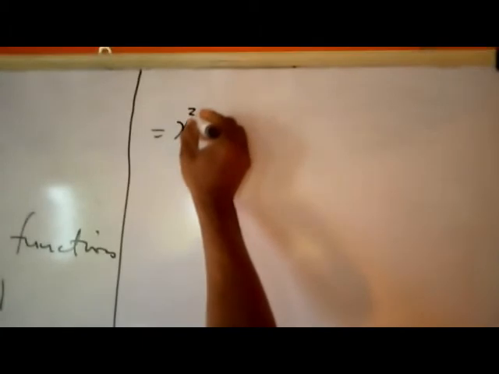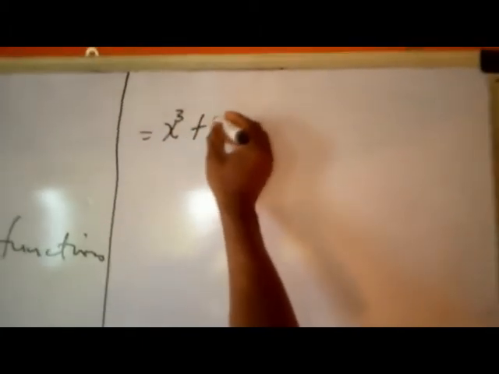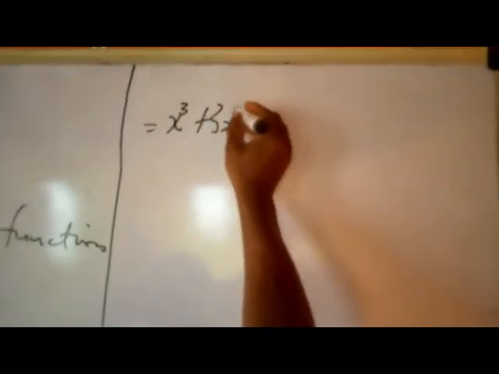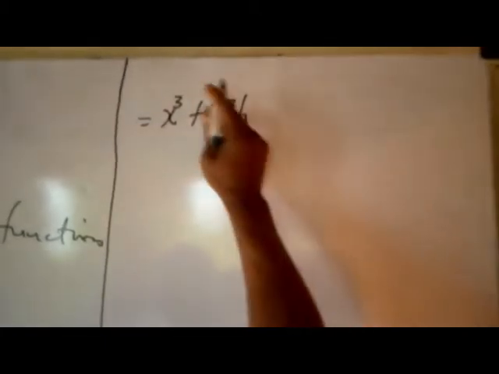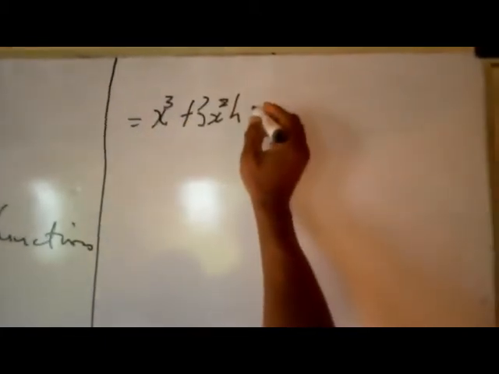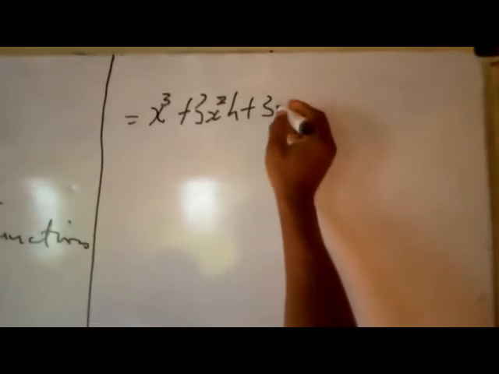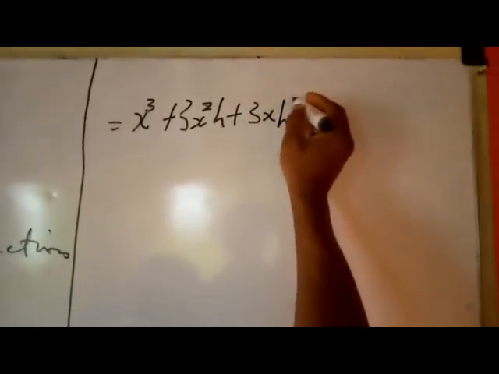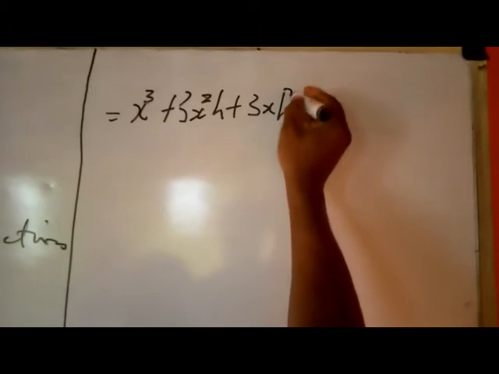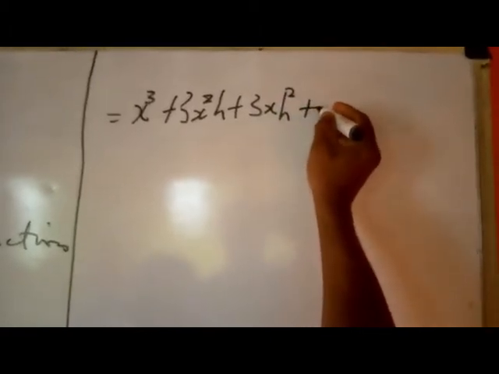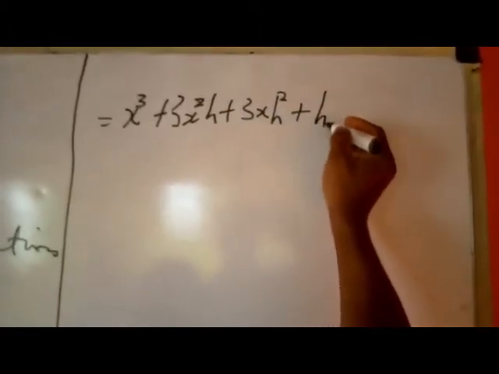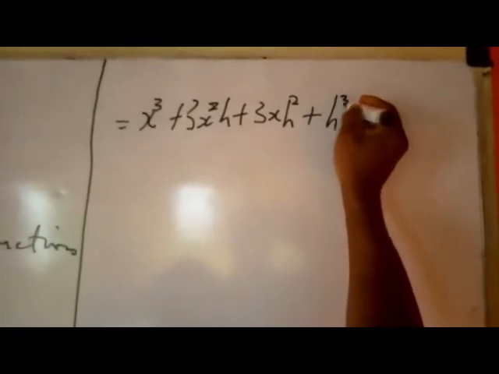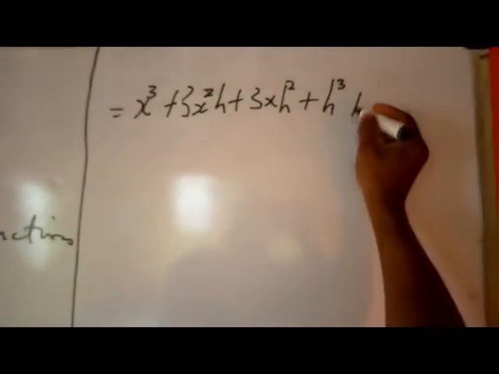x raised to power 3 plus 3x squared h plus 3x h squared plus h raised to power 3. That is what you have here. You now become plus x plus h squared.